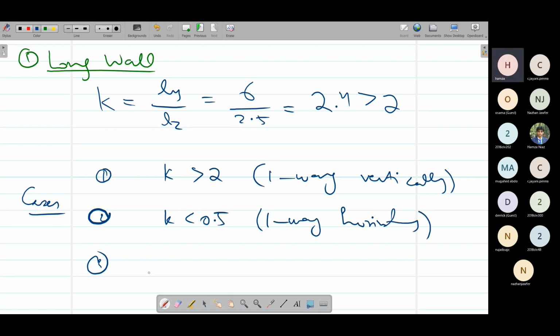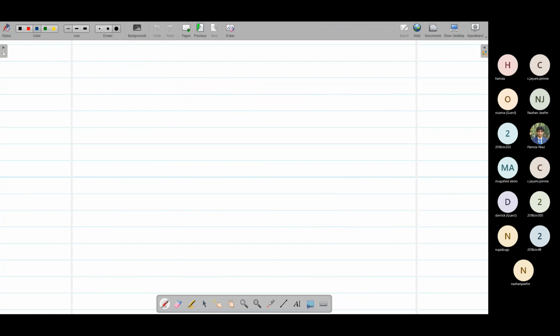And if K value lies between 0.5 and 2, we design a two-way slab. So these are three cases: K value greater than 2, one way vertically; K value less than 0.5, one way horizontally; and between them is two way.